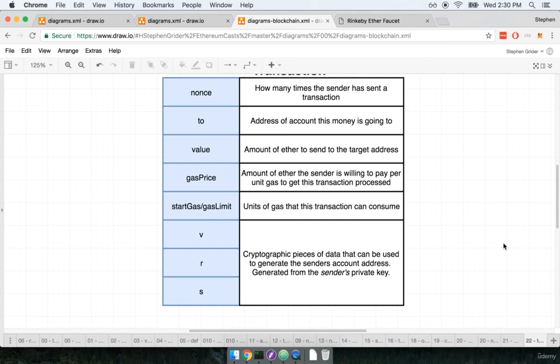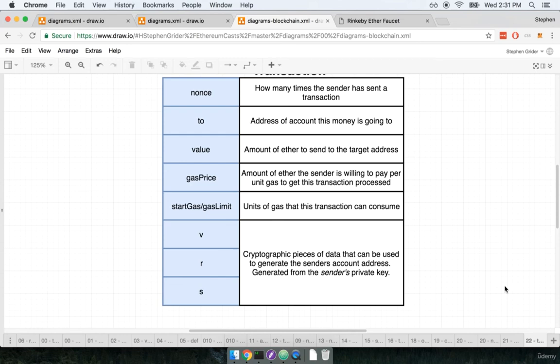But as a summary, I can tell you that these V, R, S properties are generated by the sender's private key. So the sender will take their private key, generate these three values, and those three values can then be used to generate the account address of the person who is attempting to send the money.